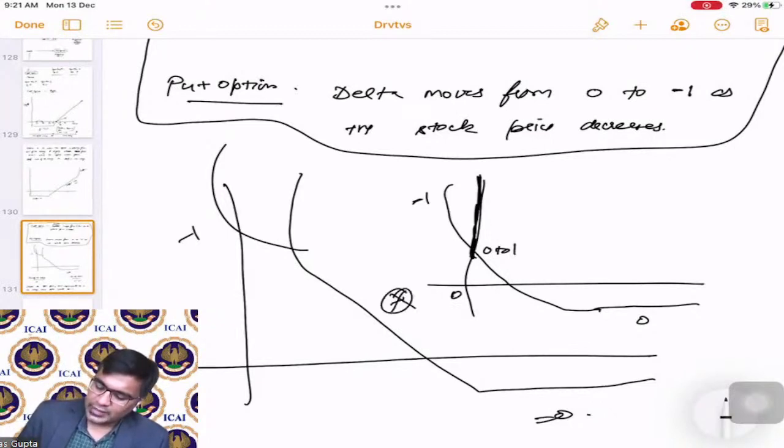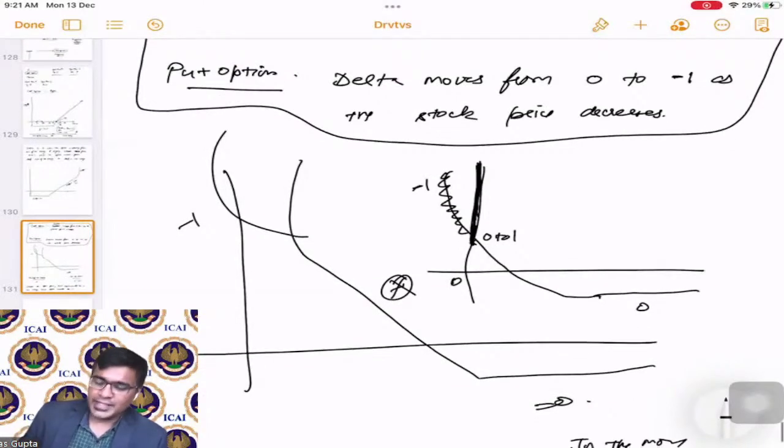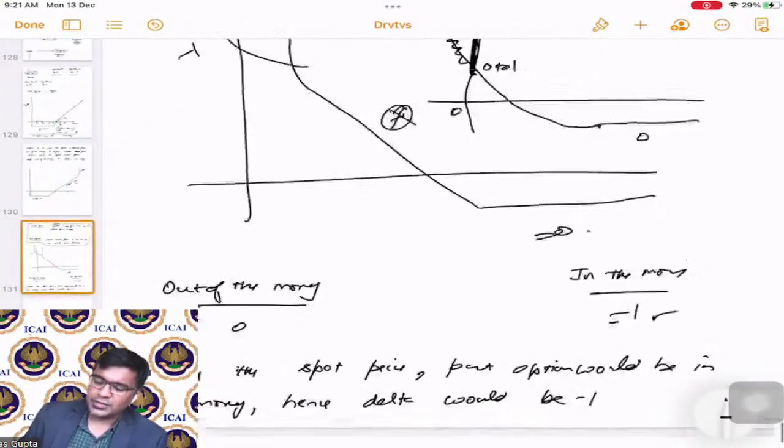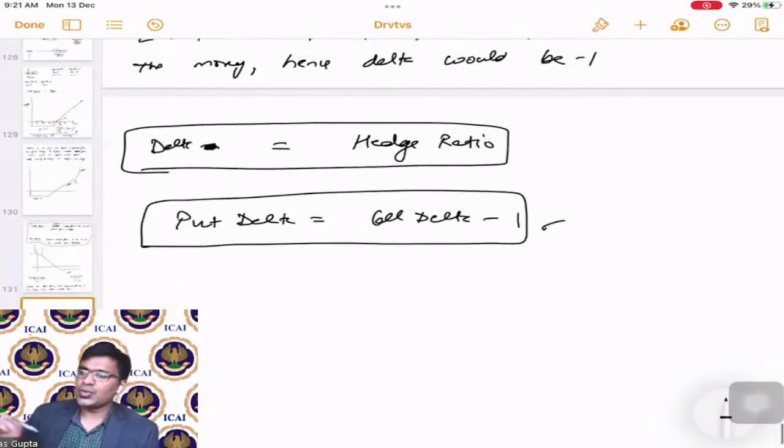This is 0 here, so this line will actually coincide with the y-axis. Don't focus too much on these graphs; just focus on the initial payoff graphs that we have discussed. But just to show you mathematically, if it is a horizontal line, the delta is 0. If it is a vertical line, the delta, which is also called the slope, is equal to 1.